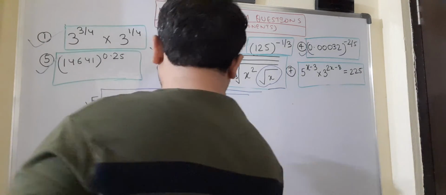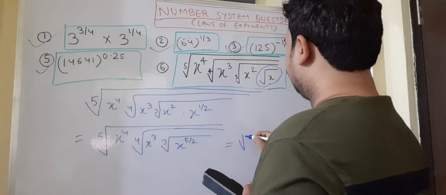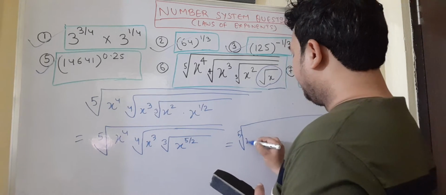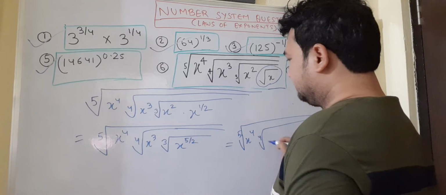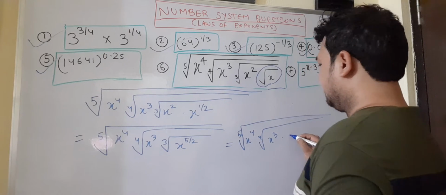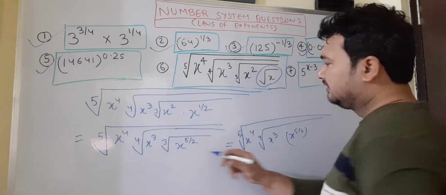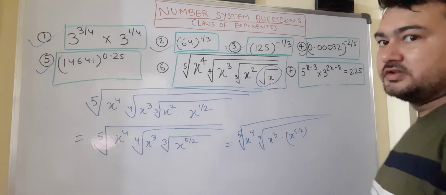Now, fifth root of x to the power 4, fourth root of x cube, this x to the power 5 by 2, and if you remove this, the power will be this time 1 by 3.